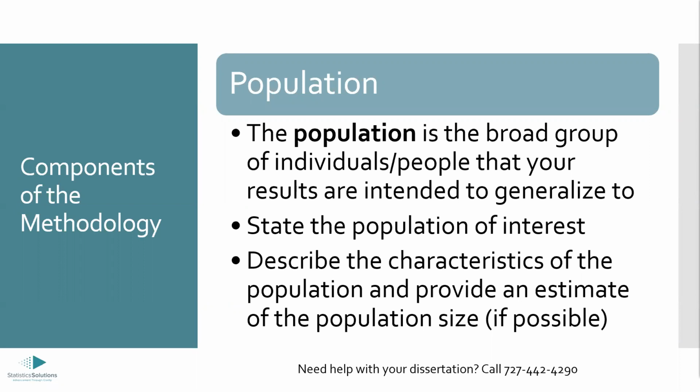So maybe teachers in the Northeast United States, if there's some kind of a local problem that you're trying to address. So that would be an example of a population. So for instance, like high school teachers in the United States might be your population.